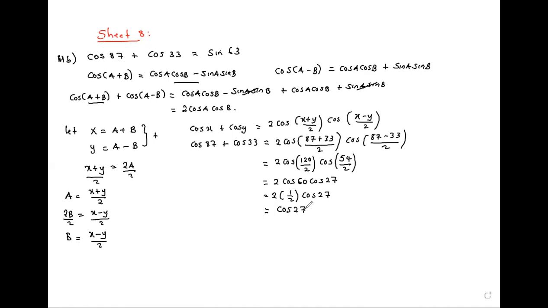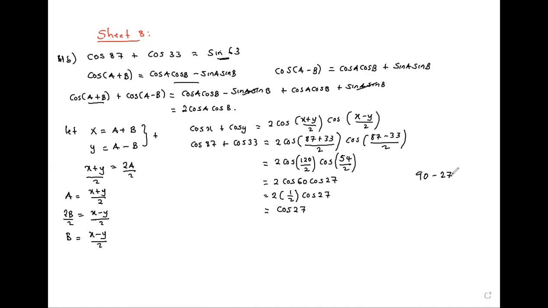And what else do we know? Looking at where we are going, if we introduce 90, because when 90 meets cos, it gets to 0, let's try and see if we say 90 minus 27.